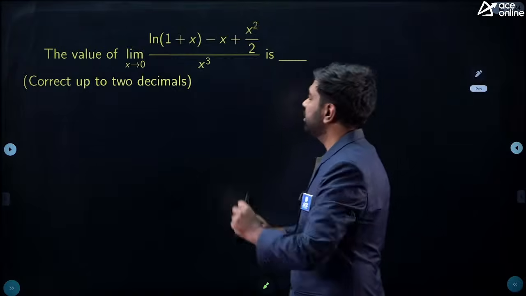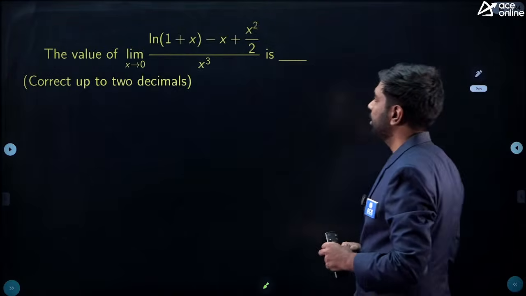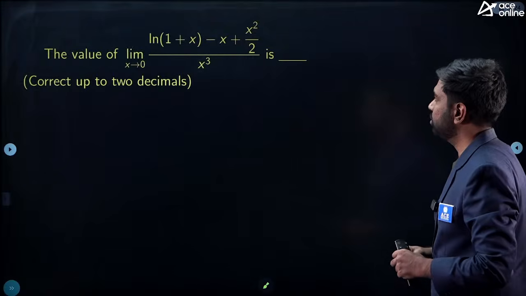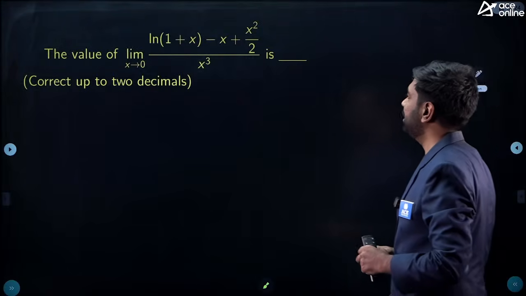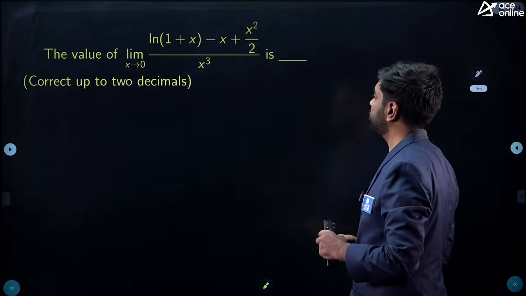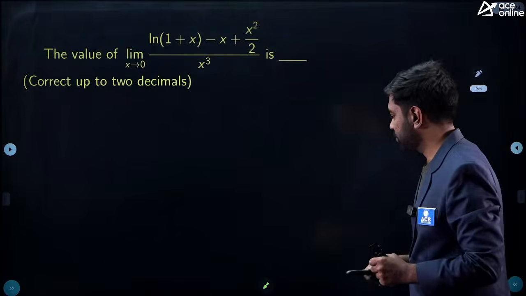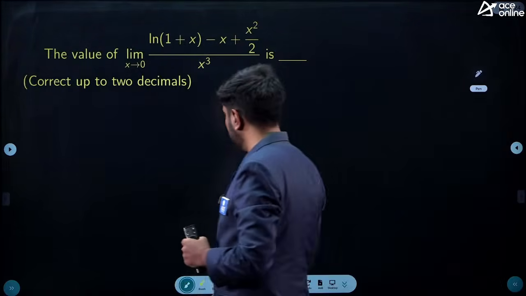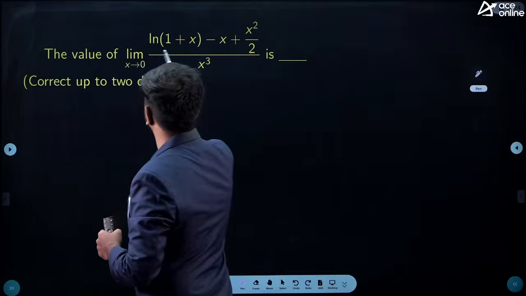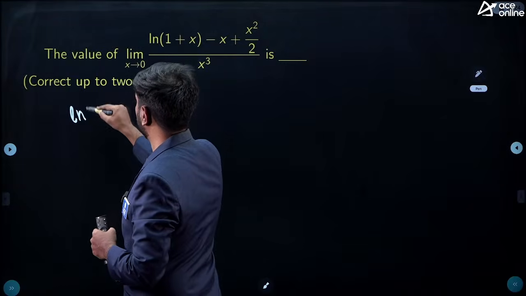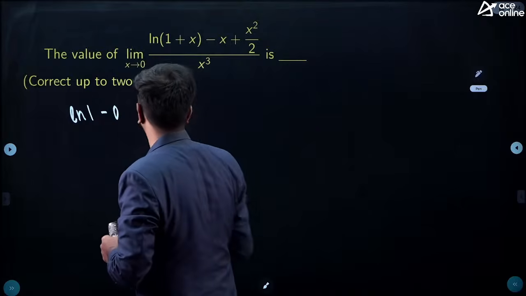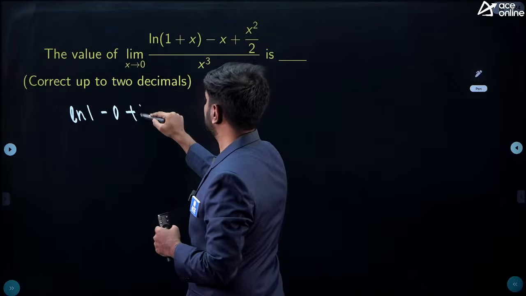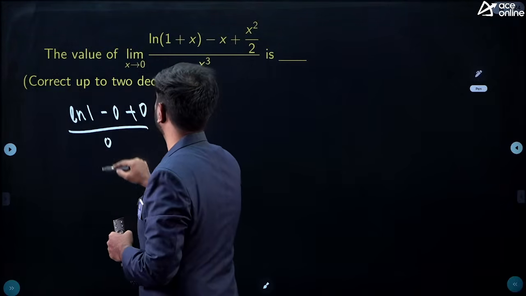So this question is about limits, where they are asking limit x tends to 0 of log 1 plus x minus x plus x square by 2, whole divided by x cube. So what we usually do is substitute the limit. When I substitute the limit, I get log 1 minus 0 plus 0 by 0 cube.